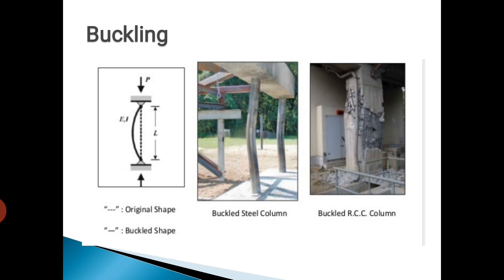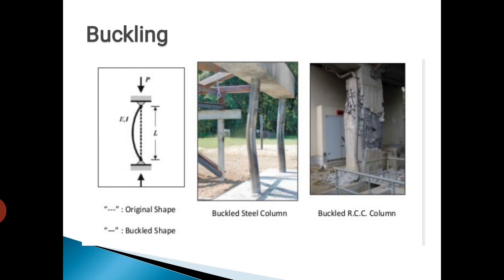Next point, we will discuss what is buckling. What is meant by buckling? When a slender member is subjected to an axial compressive load, it may fail by a condition called buckling.